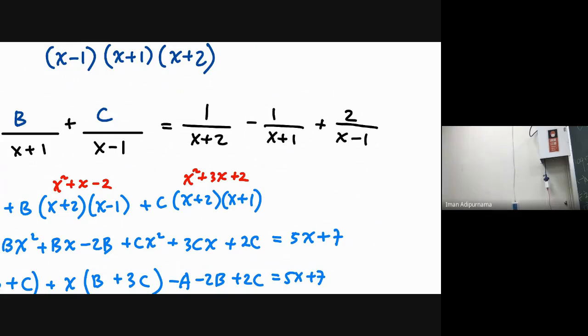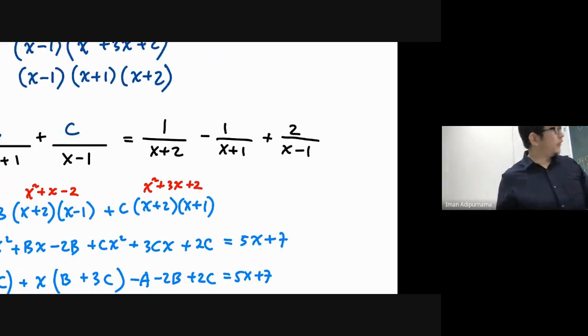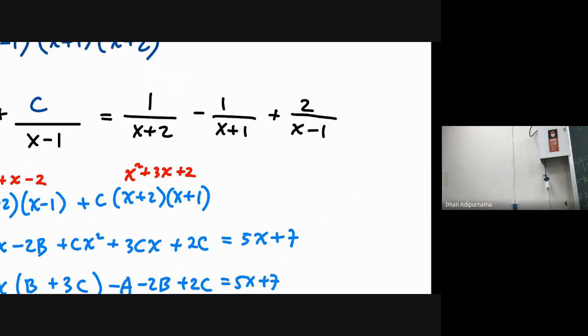Because there will be a lot of expansions in a partial fraction problem like this one, you need to be careful when adding and subtracting. So if you already got this 1, -1, and +2, and you still have time, you can reverse and check whether it goes back to the original question or not. If different, then this is not your answer.